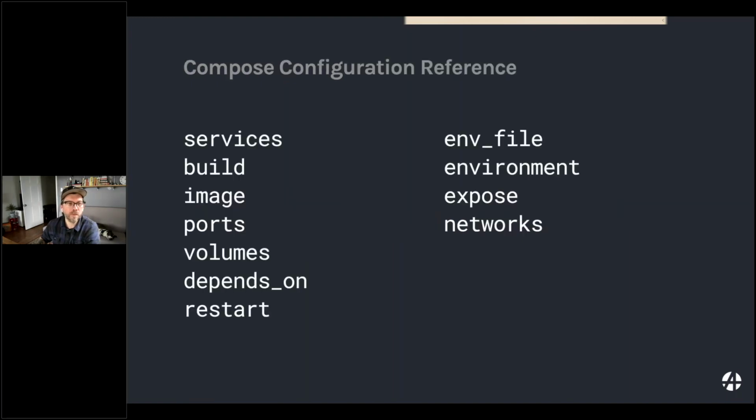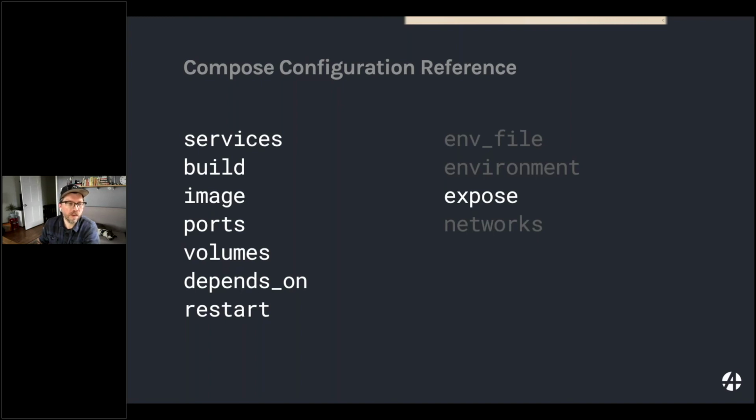Some common configuration references. These are a lot of things that I just went over. For our purposes, we need to use all of them in our configuration. The ones that I didn't go over are ports. That's very similar to what we were doing in the beginning, where we were exposing a port through the command line. You can also hard code it here in your Docker Compose configuration.